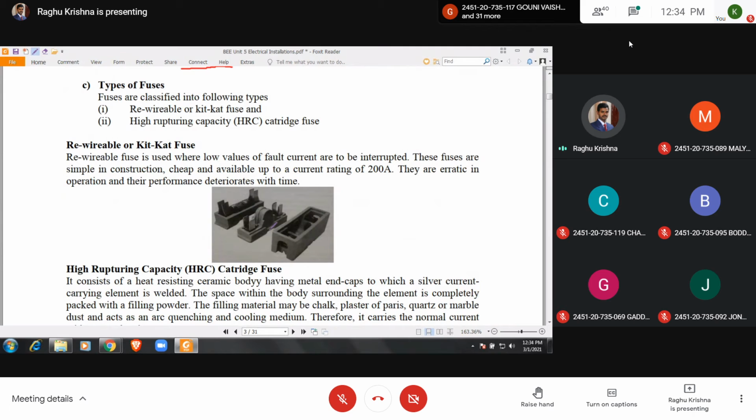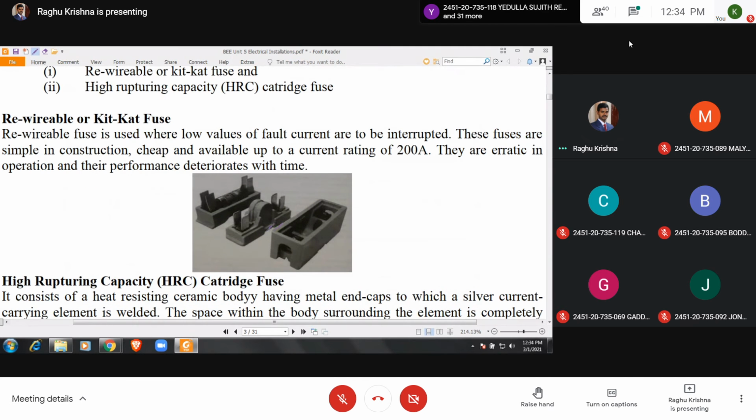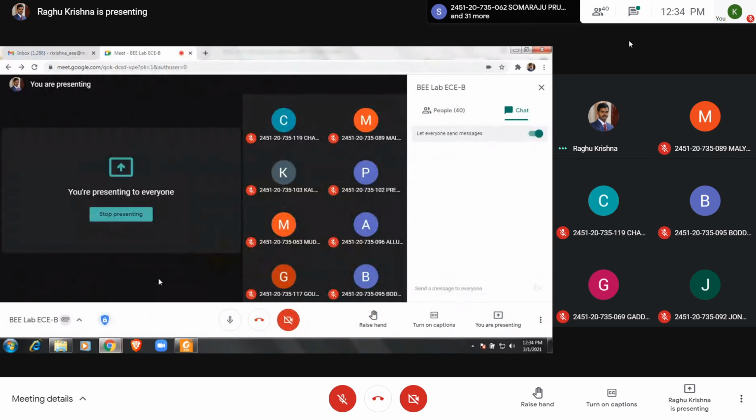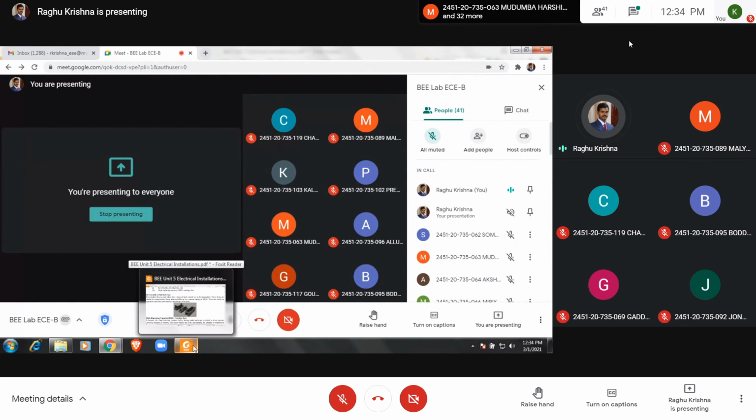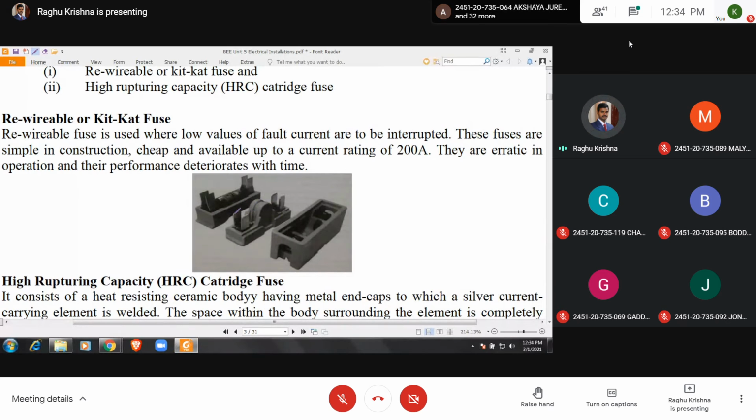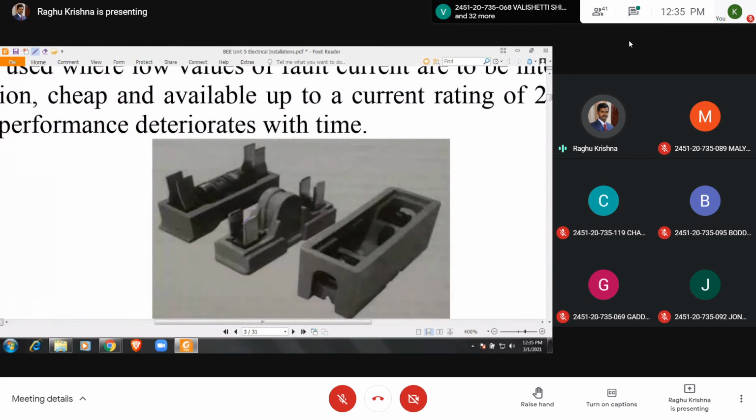So first one is rewirable or KitKat fuse. Have you seen these fuses? See the diagram. Please respond. Have you seen this fuse? Here we are going to connect the wire between these pins, and this will be inserted in this one.